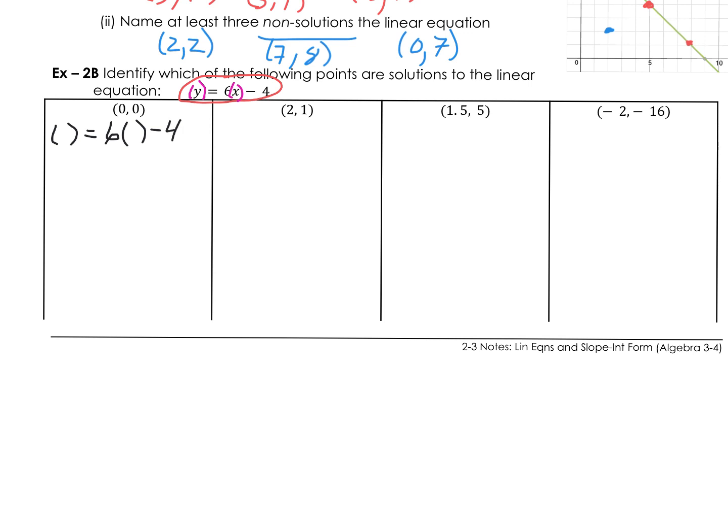I guess I should have saved a little bit of room. I want to note that this 0 there is our x and that 0 there is our y. So I'm going to put a 0 in place of x and a 0 in place of y. And you're just going to work the left side separately from the right. So the left side has a value of 0, and then 6 times 0 is 0 minus 4. So 0 equals 0 minus 4 is negative 4.